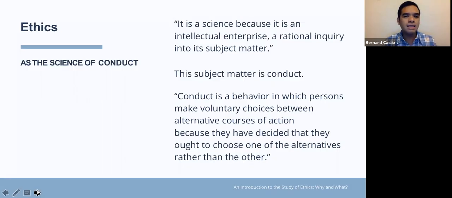Ethics uses the tools of reason, the tools of logic, what is logical, what is commonsensical, what is reasonable, in order to advance its theories. And this kind of intellectual enterprise is geared towards a certain issue, and this issue is conduct.